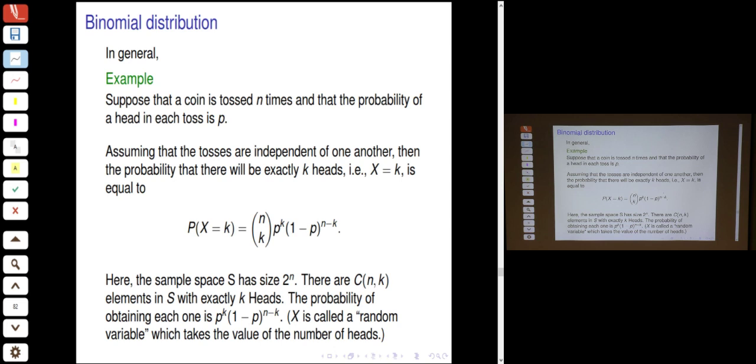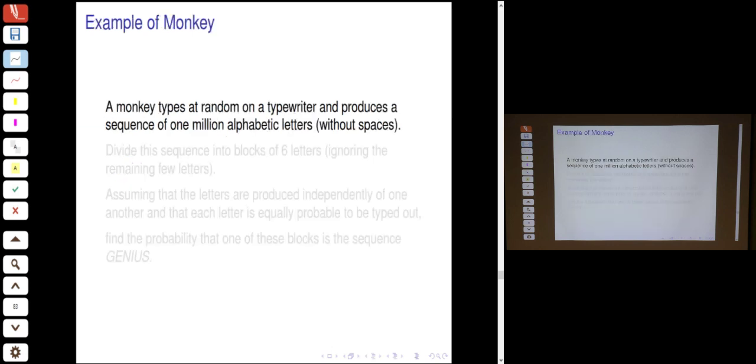In this particular example, it takes the value of the number of heads. Later we'll see the random variable a couple more times, but I will not define exactly what a random variable means. I'll leave it to the probability class. Anyway, this is about binomial distribution.